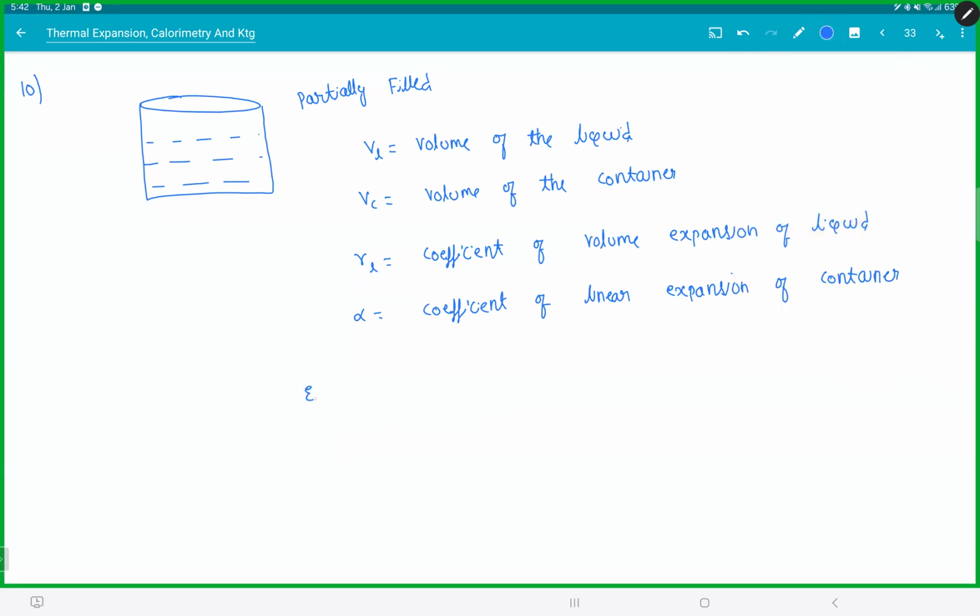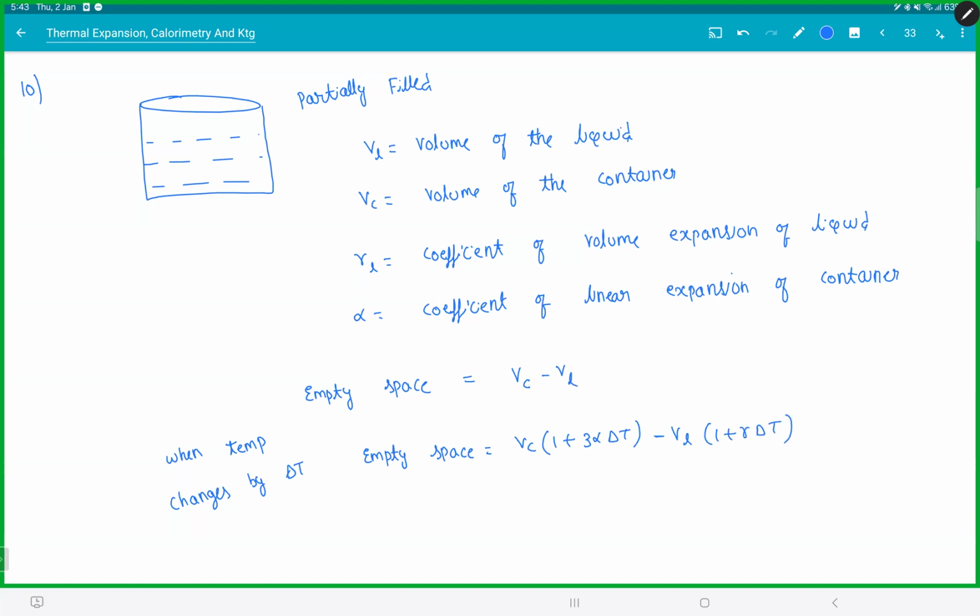So, what is an empty space? So, empty space is V container minus V liquid. So, when you change the temperature, then the empty space would be Vc into 1 plus 3 alpha delta T minus V liquid into 1 plus gamma delta T. And you're saying this must remain constant.